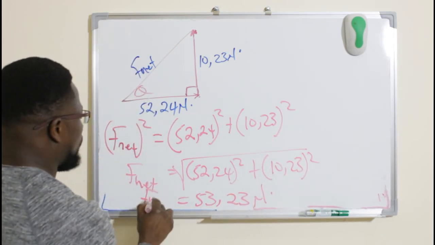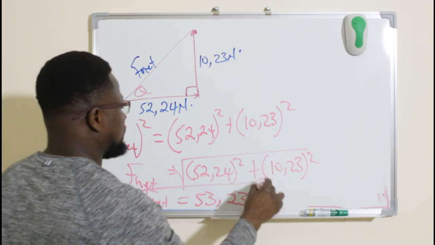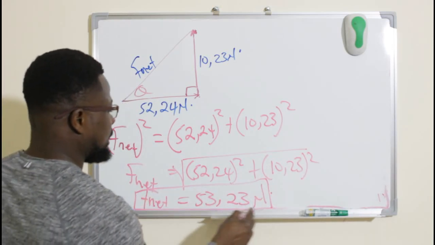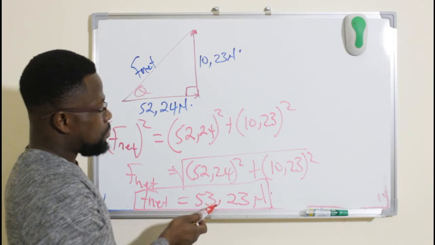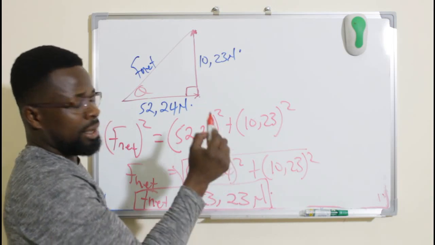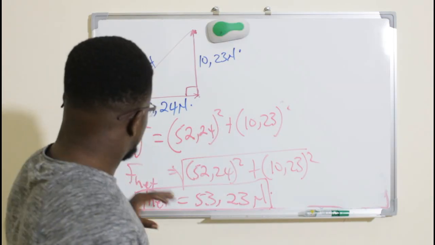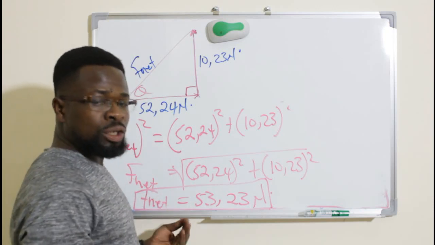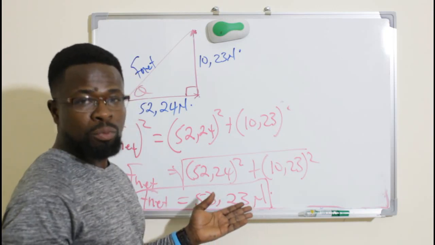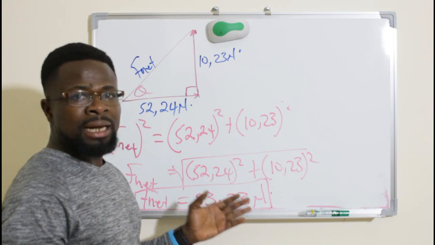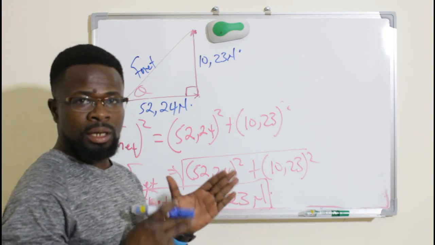So the net force which is keeping the boat moving is 53.23 newtons. Now we have seen the magnitude of the force that is keeping the boat moving. We need to find the direction in which the boat is moving.